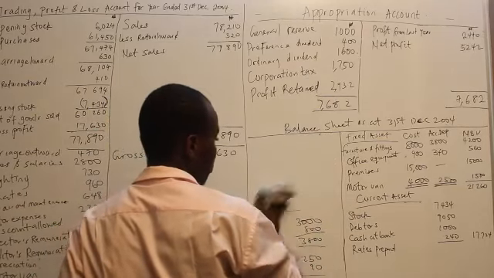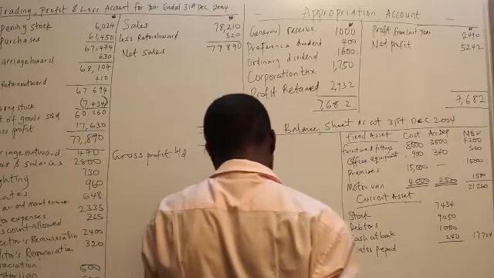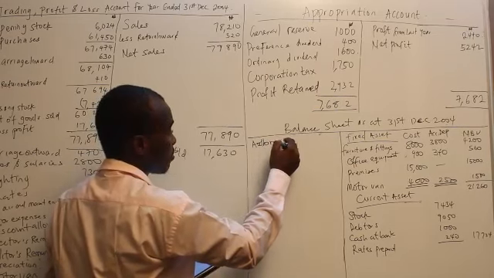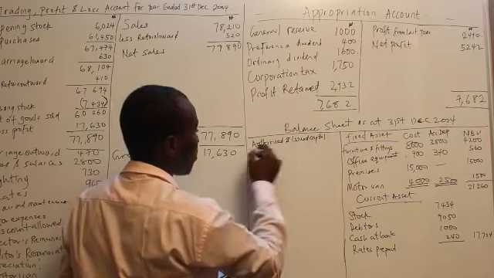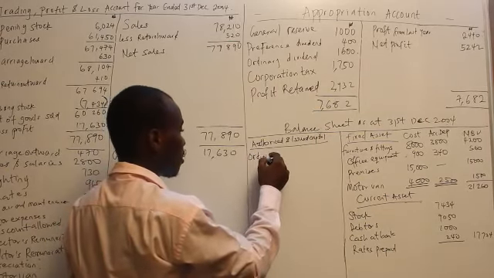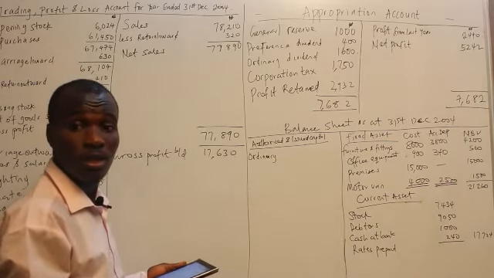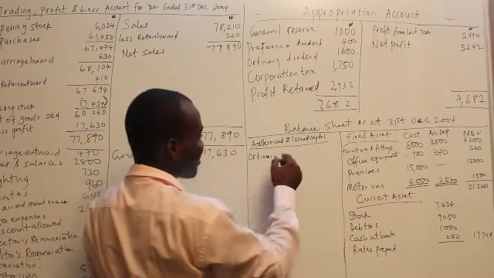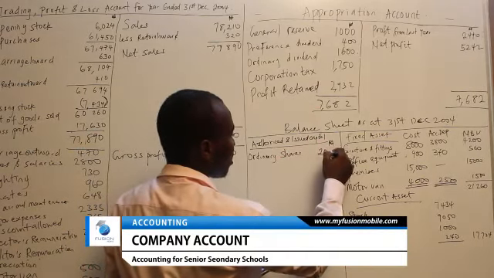Next thing we have is authorized and issued capital. So we have ordinary shares whose value is 20,000 naira.